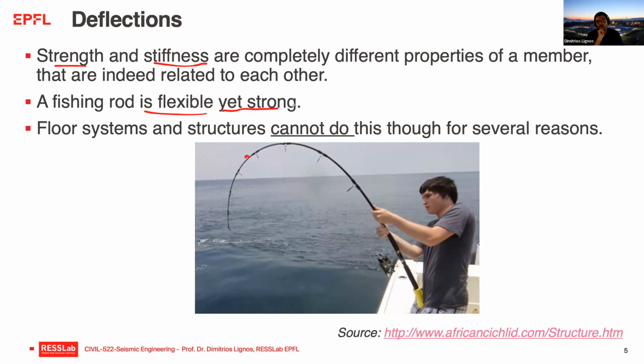And in order to be able to be so flexible, it's also very strong. However, if you are looking into structures, and in particular floor systems and general structures, they cannot do this for several reasons. So, for instance, a frame structure or a floor system has to be strong, but has to also be stiff enough because it cannot have the luxury to deflect like a fishing rod.